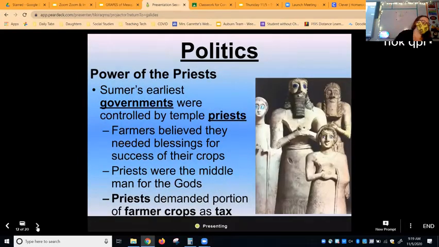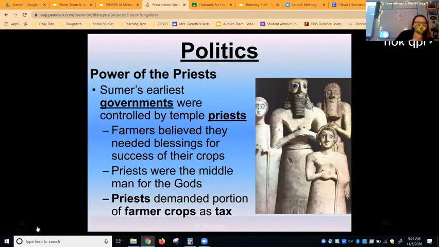All right, so let's talk about politics a little bit. In the beginning, all of the power in Mesopotamia, its earliest governments, were controlled by the temple priests. So the people that were in charge of running religious stuff. We already talked about the fact that farmers believed the gods could be angry, and they needed to get the gods' and the priests' blessings so their crops would grow.